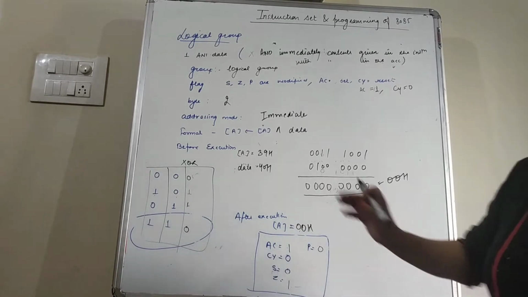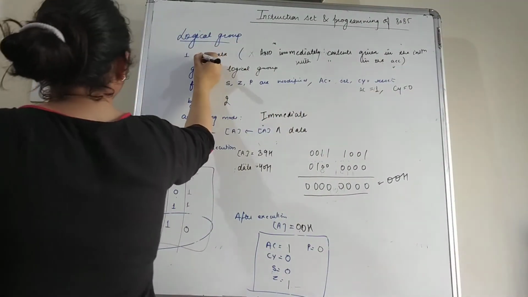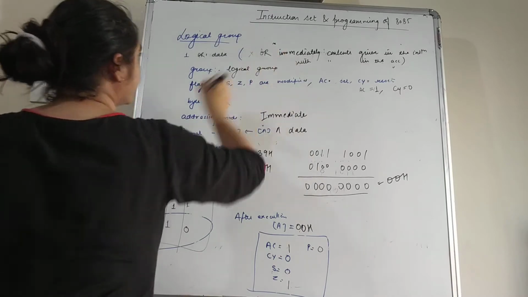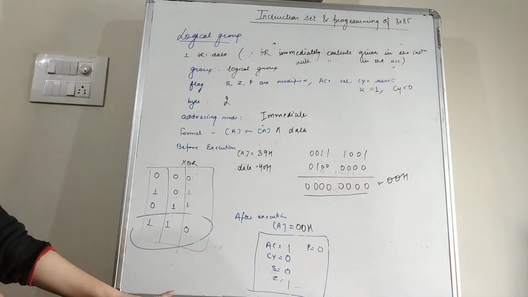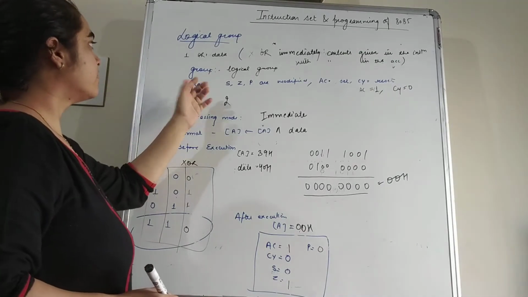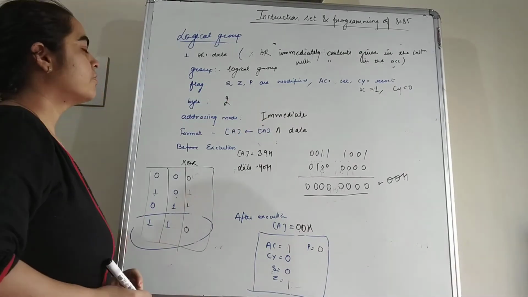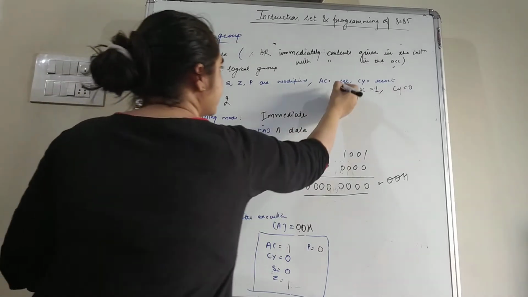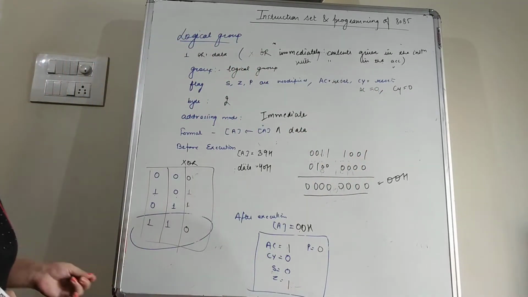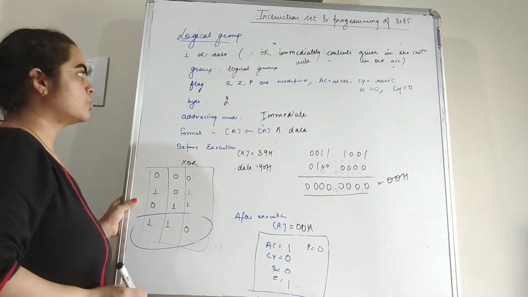Now we can see ORI data. So ORI data means we OR immediately the contents given in the instruction with the contents present in the accumulator. For that, in the flags, these three flags are modified, while AC is reset as well as the carry flag is also reset. So that means AC and CY is equal to 0.